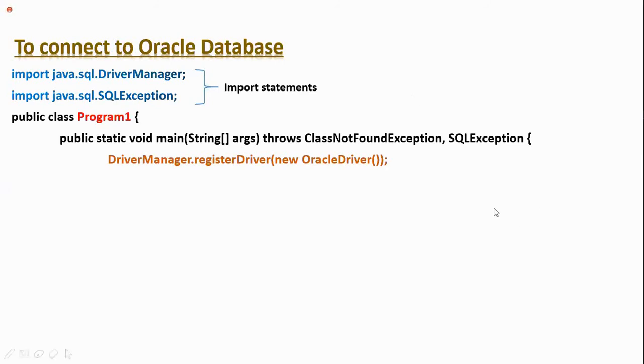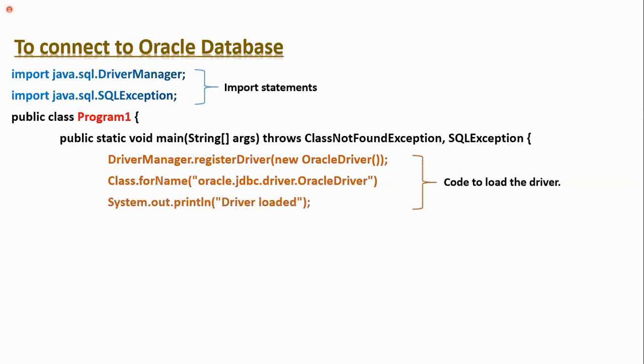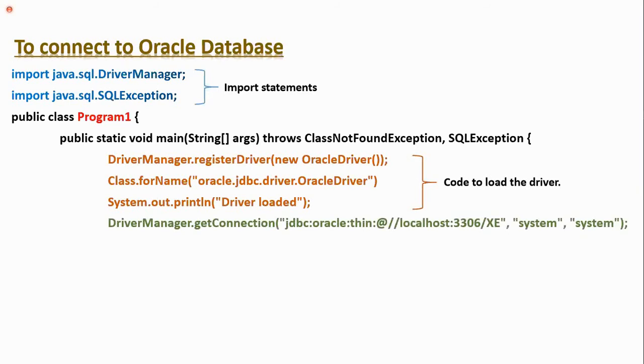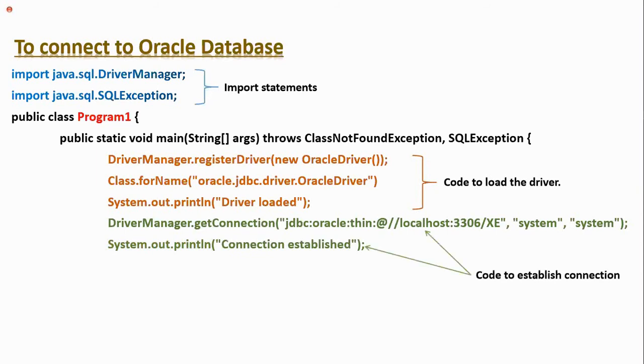This is one way. Another one is Class.forName, where I will tell the path where the Oracle driver is present. These are the two ways in which I will be loading the driver. To establish the connection, I've already told you what the connection URL is. This is the URL, after which I will tell connection established, which gives me the code for establishing the connection in my Oracle database.